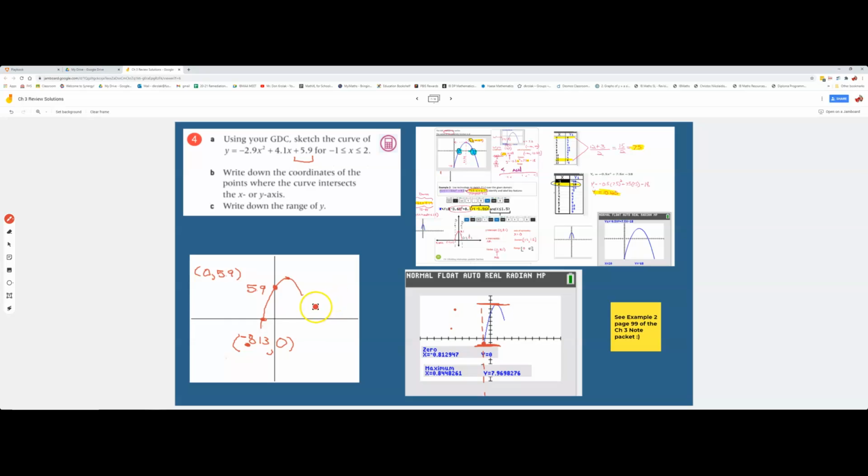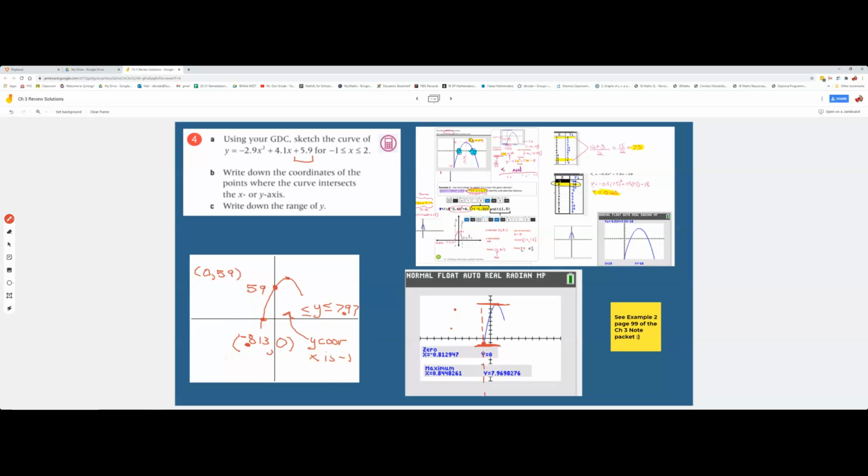So our range is going to be less than or equal to 7.97 and greater than or equal to. So what I need to do is find the y-coordinate when x is negative 1.